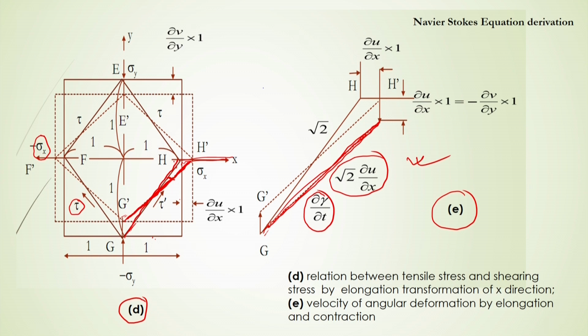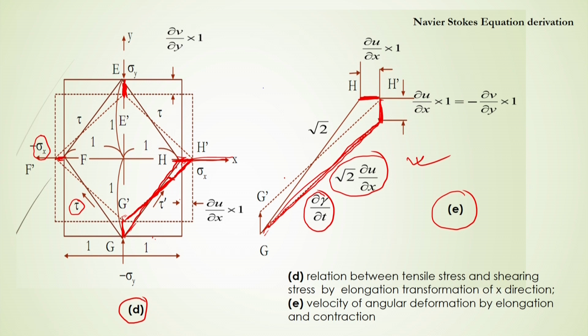Now, due to this elongation, there will be a contraction or elongation of a certain length. That length will change with respect to time, and that will be your dou u dou x. Here also it is the negative of dou u dou x. If the contraction happens here, it will be dou v dou y, and this one also minus dou v dou y. So, if in the x direction there is an elongation, it will be represented by dou u dou x, and in the y direction by dou v dou y.